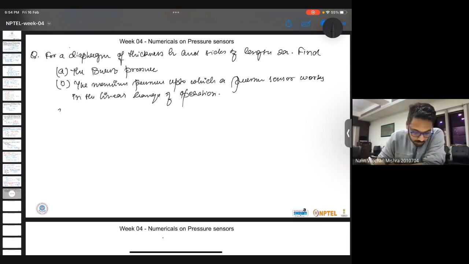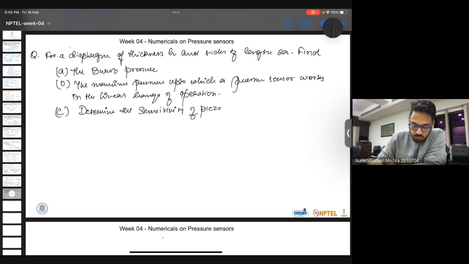The third part is to determine the sensitivity of the piezoresistive pressure sensor.